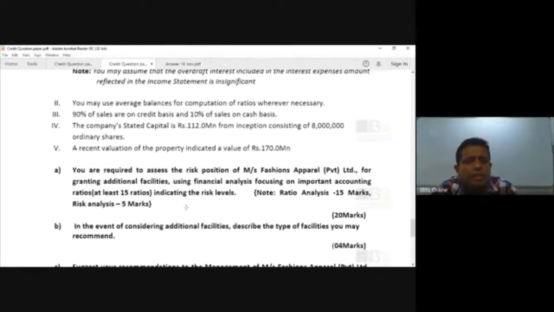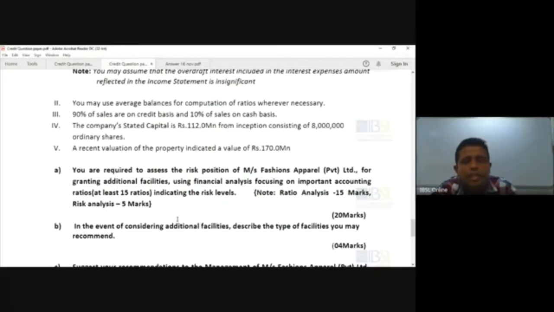Then number 2, you may use average balances for computations of ratios wherever necessary. And number 3, 90% sales are on credit basis and 10% on cash basis, right? We have to take that into account when we are calculating ratios relating to debtors.